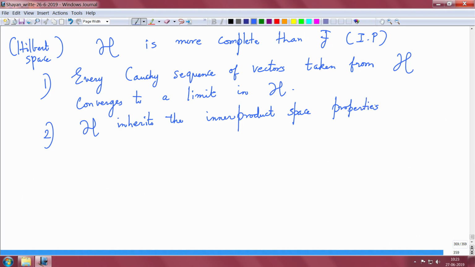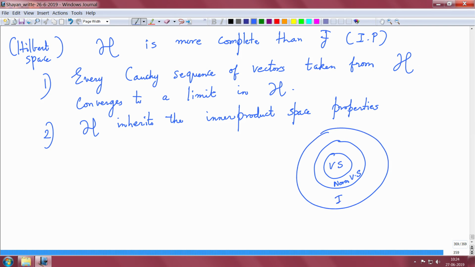So, if you think about the hierarchy, you have the vector space. From the vector space you endow it with a norm that becomes a normed vector space, and with this norm you endow it with an inner product notion, and that is an inner product space.